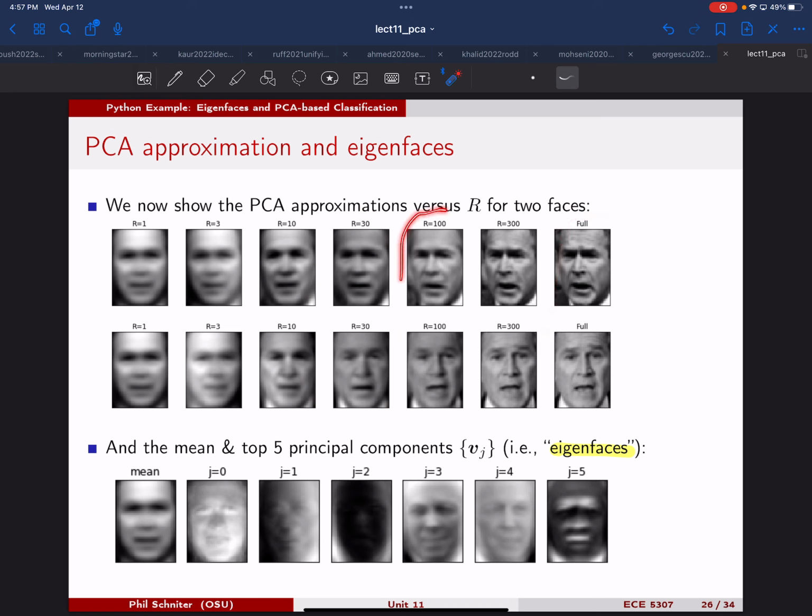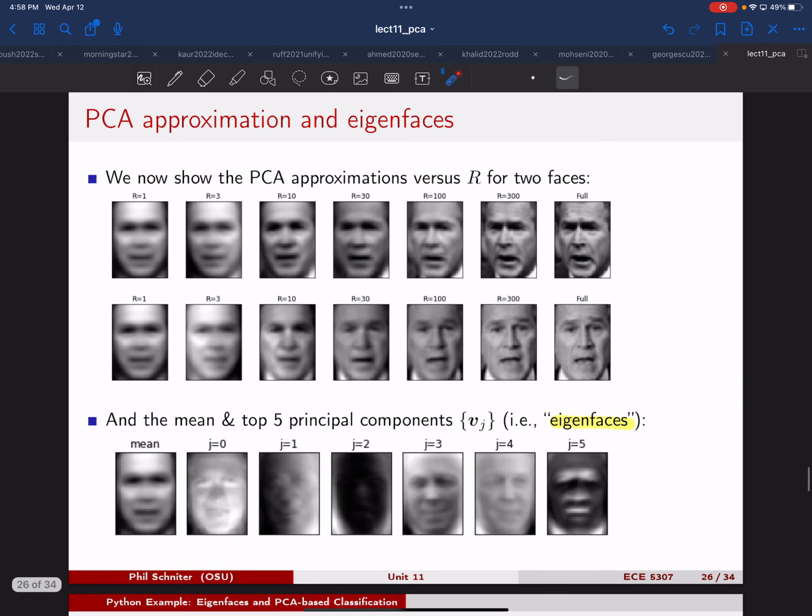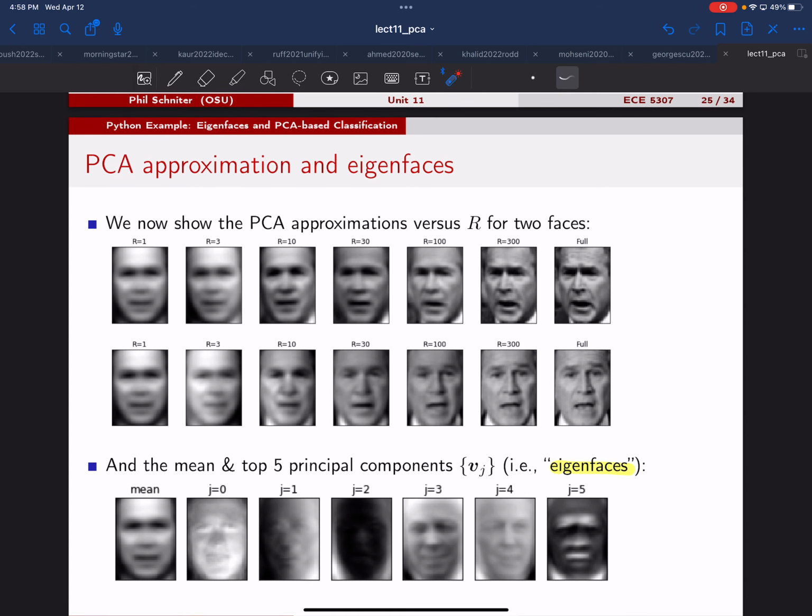And once you get to 100, which is a compression of almost 20, it's pretty good. I would say these capture the information, they're just a bit blurry. And then once you get to 300, it's almost perfect. It's pretty hard to tell the difference. I mean, you can kind of see a little difference, but it's hard to see much, right? Compression is almost lossless at that point.